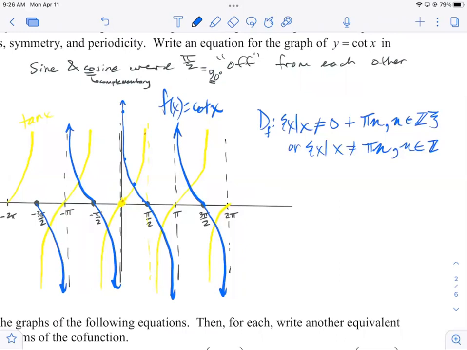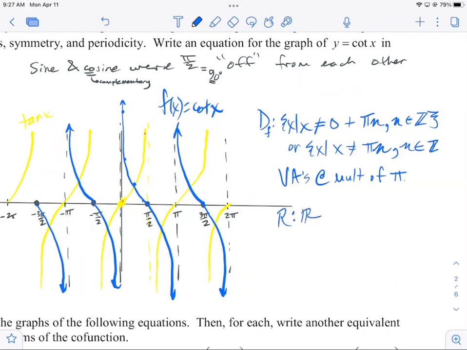But for cotangent, you could just put pi n. X can't be pi n. All right. So this one has VAs at multiples of pi, whereas tangent has odd pi halves. Cotangent has even pi halves, if you want to think about that, right? Just multiples of pi.